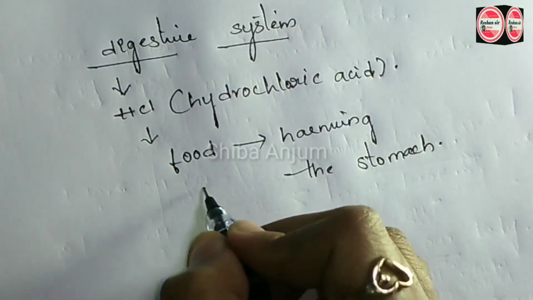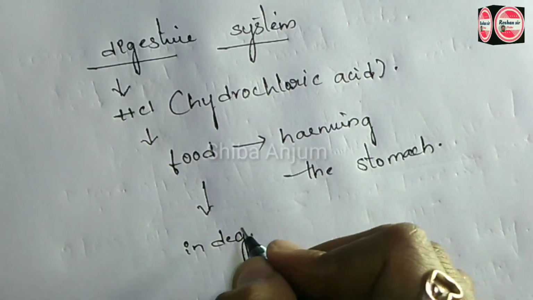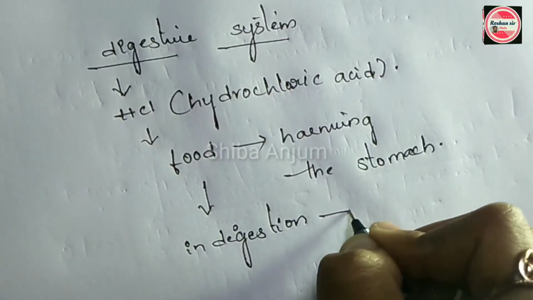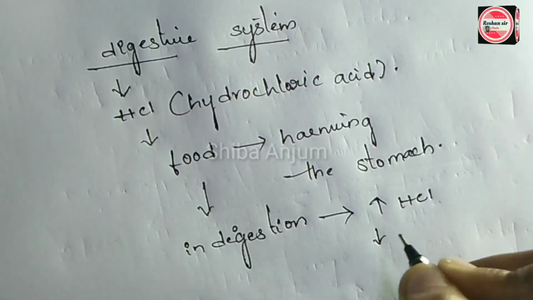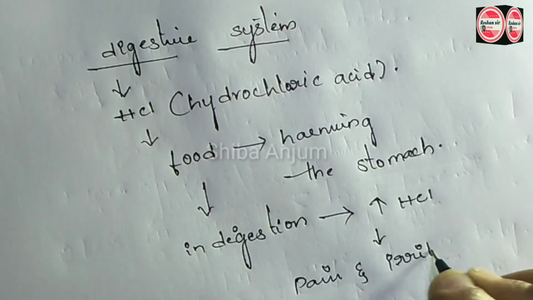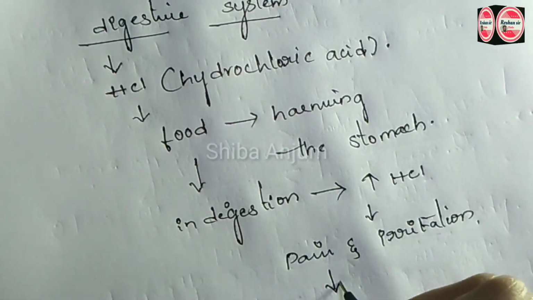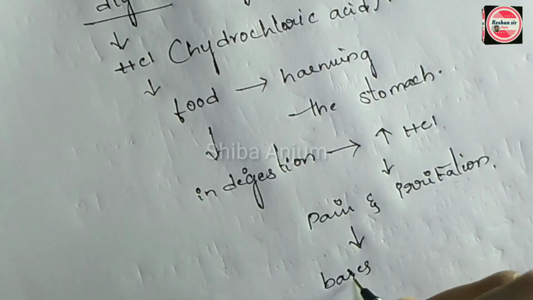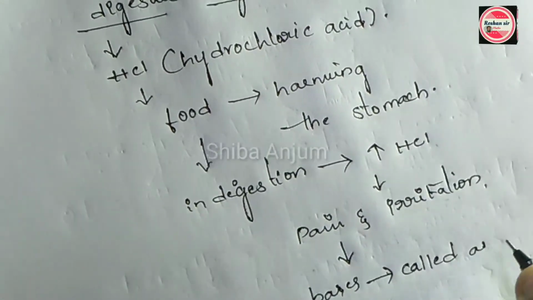During indigestion, the stomach produces too much HCl. This causes pain and irritation. To get rid of this pain, people use bases. These are called antacids.